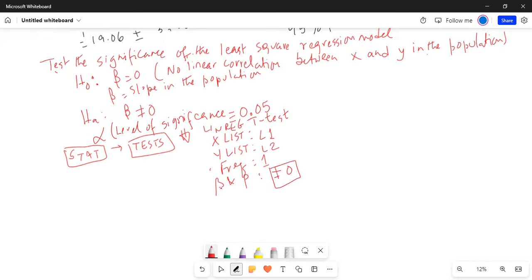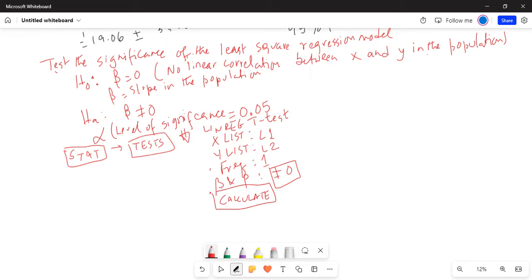Remember, beta is the population slope, rho is the population correlation coefficient, null hypothesis both of them 0, alternate both of them not equal to 0. And you go straight down to Calculate and hit enter.